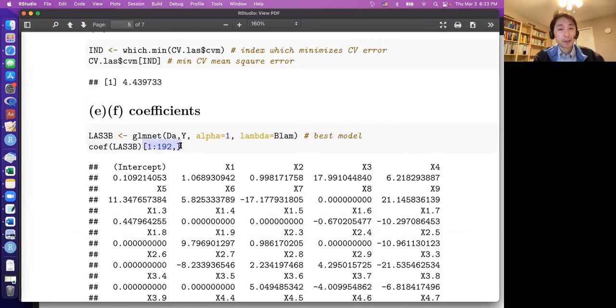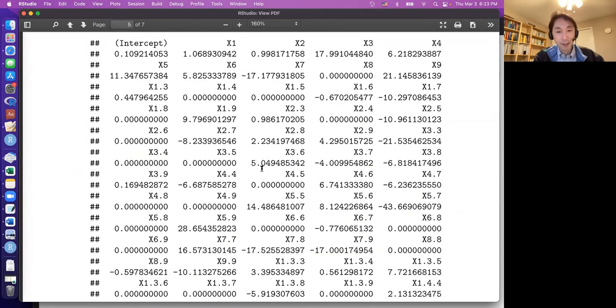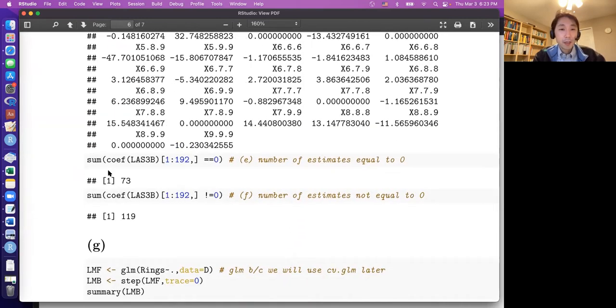Without that extra part, coefficient of the lasso B object gives a 192 by 1 matrix. In this way, you get the number of zeros as 73 and the number of non-zeros as 119, so slightly more non-zero parameters.